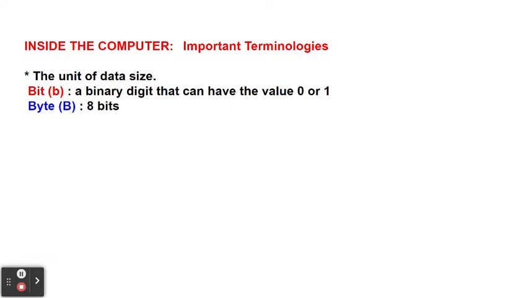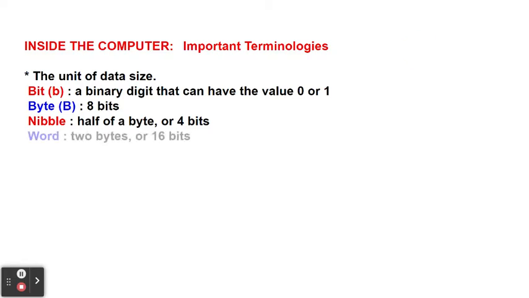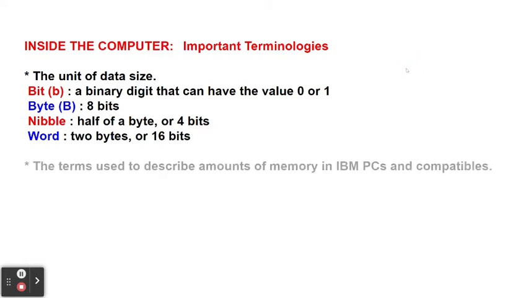Therefore, if you have 1 byte, that's equal to 8 bits. 2 bytes means 16 bits. Next is nibble. It's half of a byte or half of 8 bits, so that's 4 bits. And a word consists of 2 bytes or 16 bits.